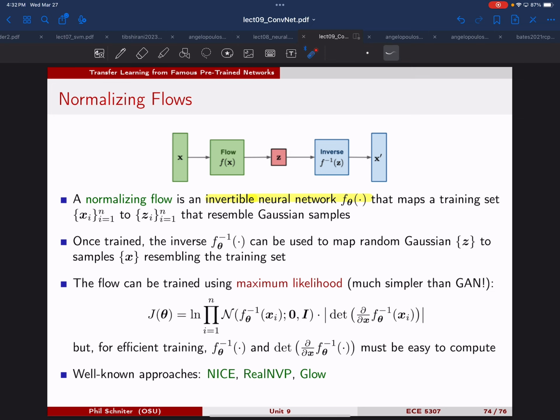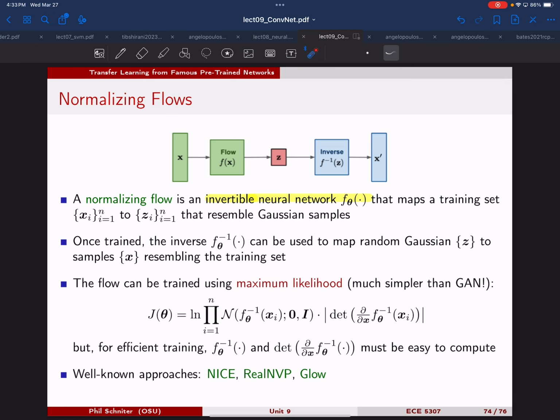And so over the years, people have thought of very clever ways to make neural networks where all these things are tractable, efficient to compute. Although there are, of course, limitations. You can't just stick in your usual convnet in here. It doesn't have tractable determinant Jacobians or inverses. But there are classes of neural networks that do. And that's how you get these normalizing flows.